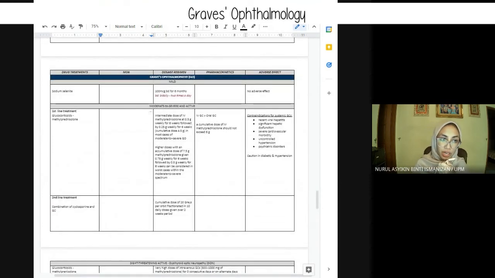So for the mild one, based on the CPG book, the drug treatment is sodium selenite. The dosage regimen is 100 mcg BD for 6 months, BD being twice daily, two times a day, and there is no significant adverse effect.